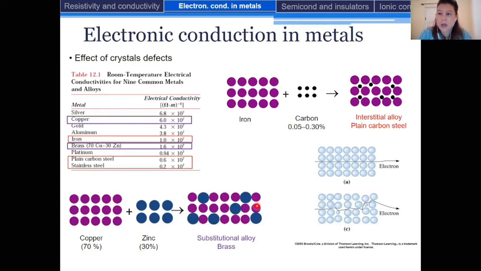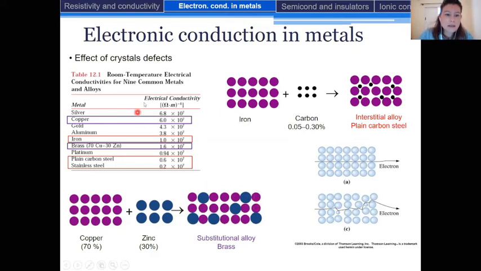So now let's understand the effect of crystal defects on the electrical conductivity. So let's remember what we said. We said that crystal defects participate in scattering events. These scattering events are responsible for frictional forces that limit and counter the motion of electrons in the material, and explain why we have such a value for the electronic conduction, a fixed value.